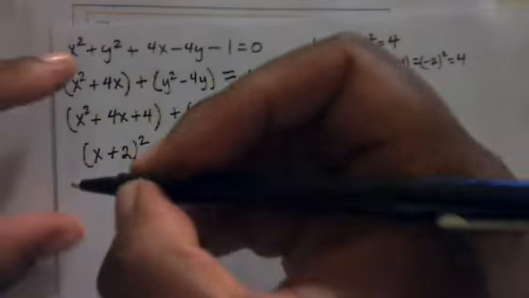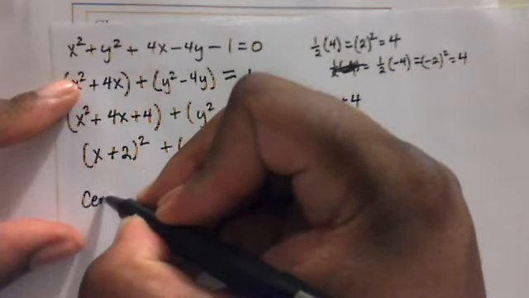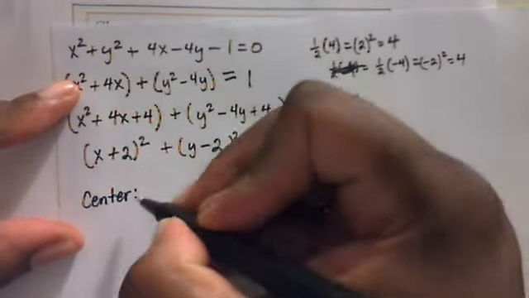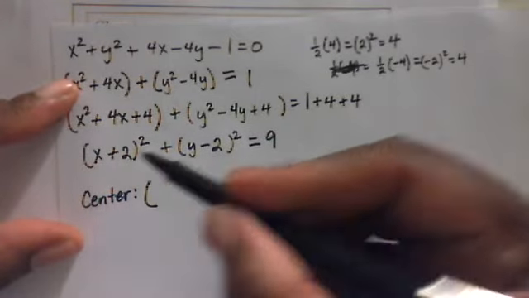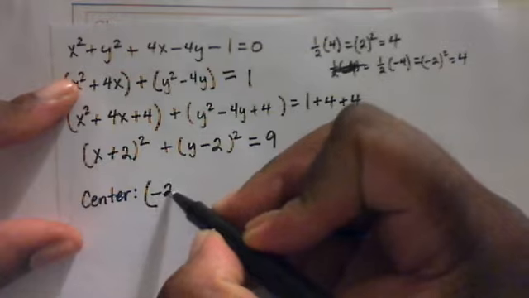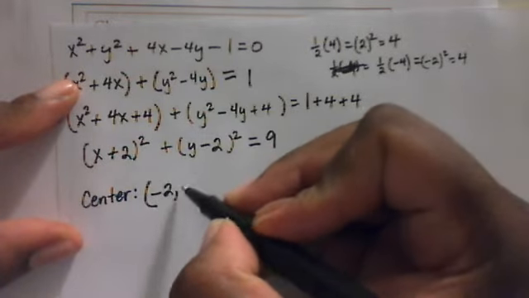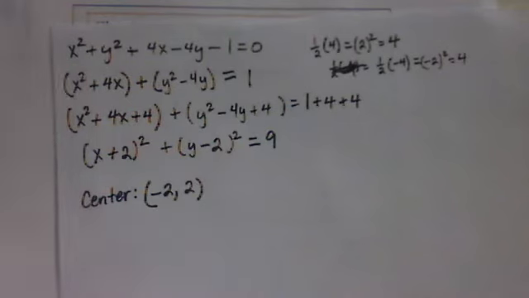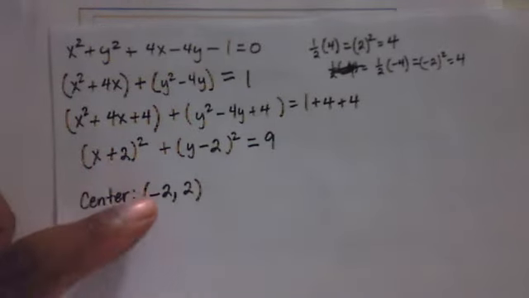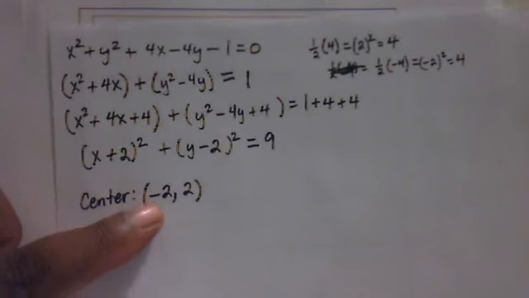And from that, I can identify the center. Now these, you take the opposite sign. So here this was a plus 2, so that means it has to be a minus 2. And then this was a minus 2, that would be a positive 2. Because standard form is always x minus h quantity squared and y minus k quantity squared. So because it was a plus 2, the x coordinate of that center has to be a negative 2.